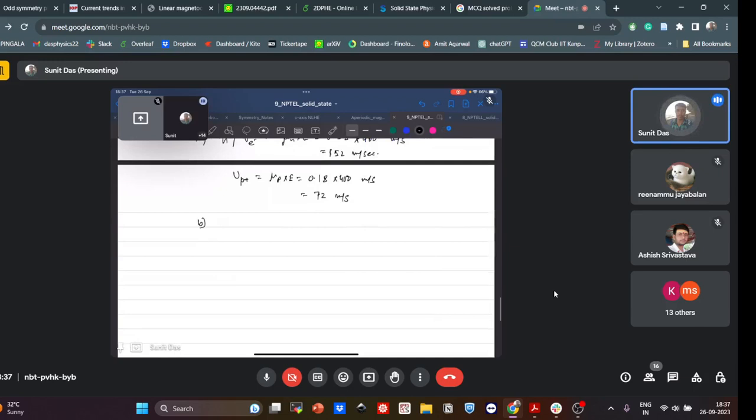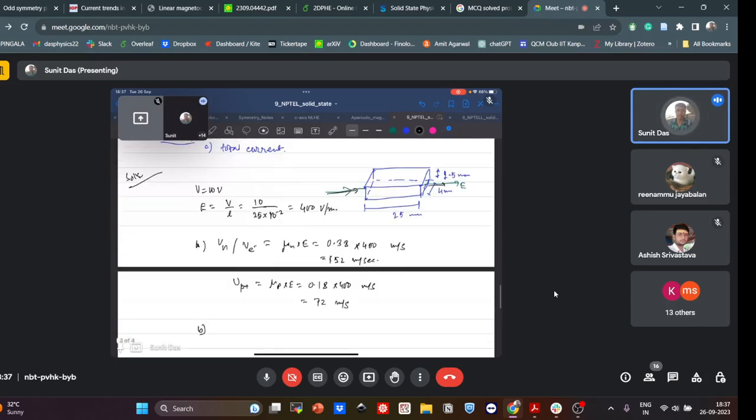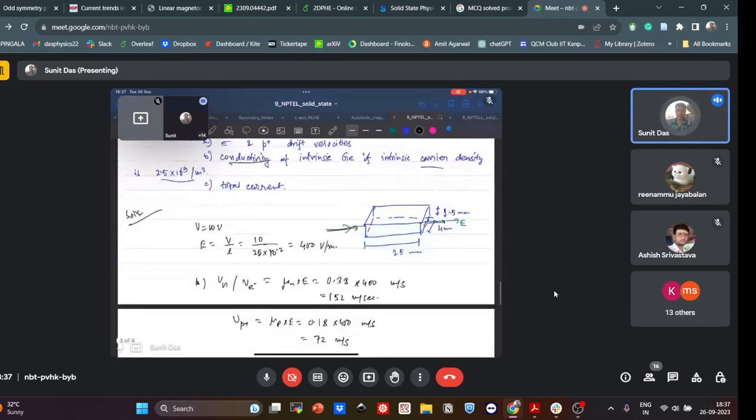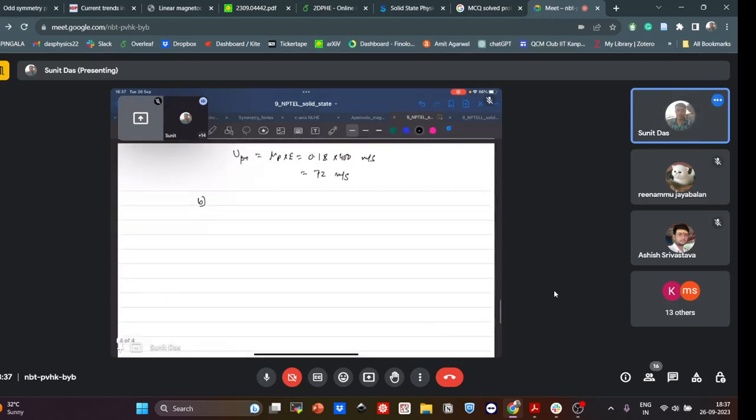In the second part, we need to calculate the conductivity of the intrinsic germanium. Given the carrier density 2.5 into 10 to the power 19. So sigma is electron charge, then intrinsic carrier concentration, mu n plus mu p.